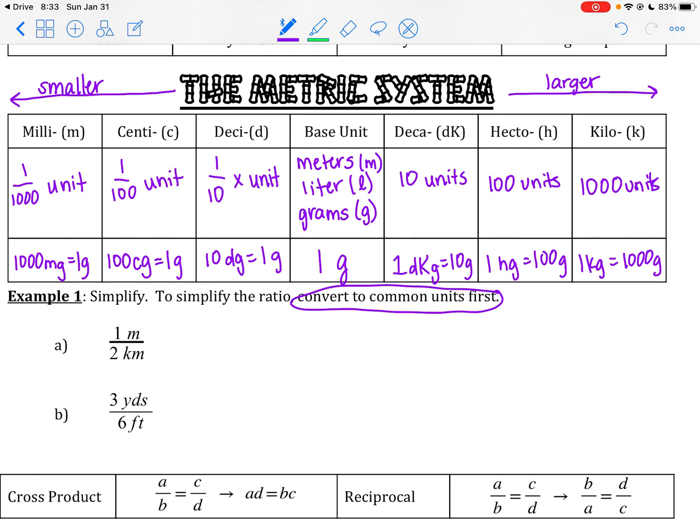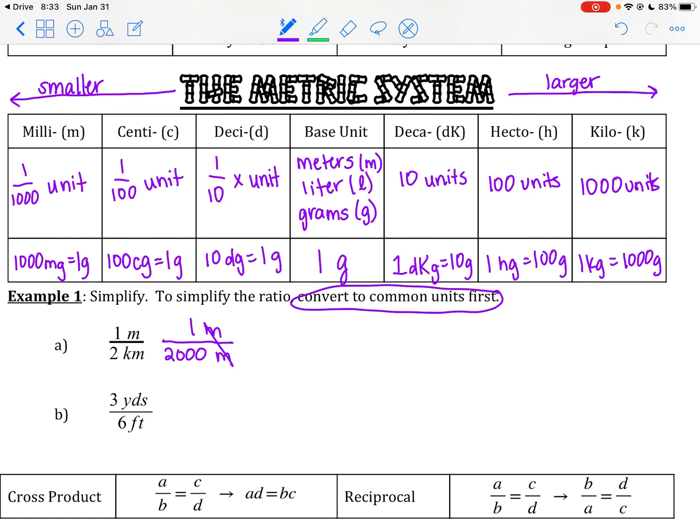So if I'm going to change kilometers to meters, I look at kilo as my reference unit, and that is 1,000 of the units. So 2 kilometers would be the same as 2,000 meters. So 1 meter to 2,000 meters. I get it to where my units match, and that way they cancel out.